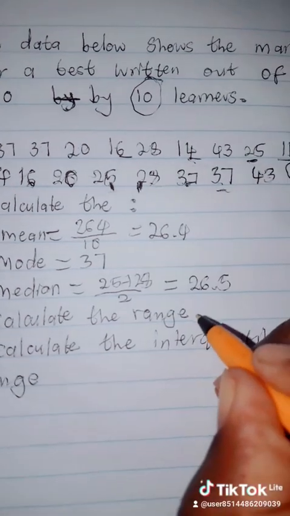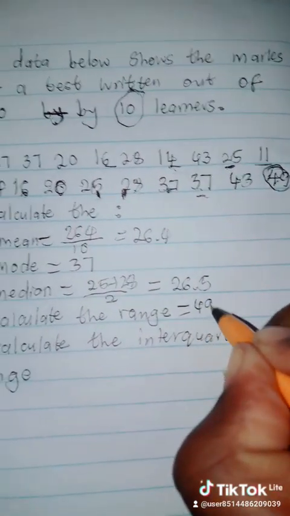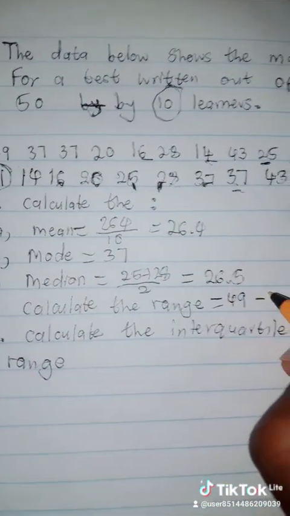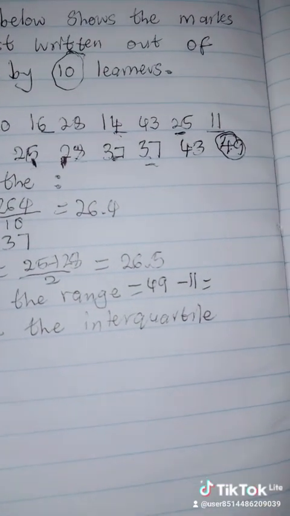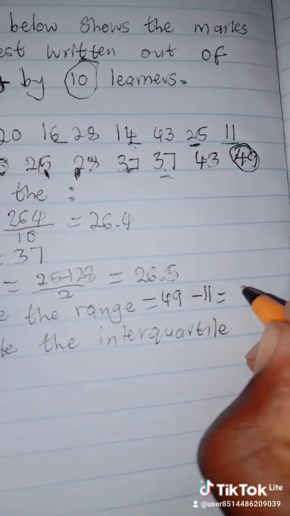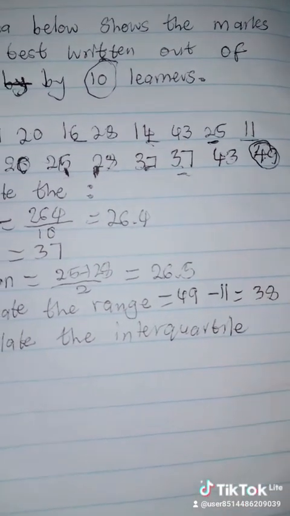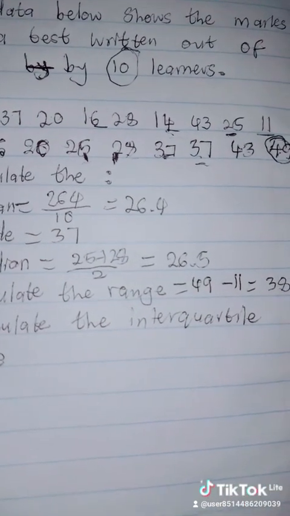So in other words, we are going to say 49 minus 11. What is that? 49 minus 11 will be 38. So meaning that our range will be 38.